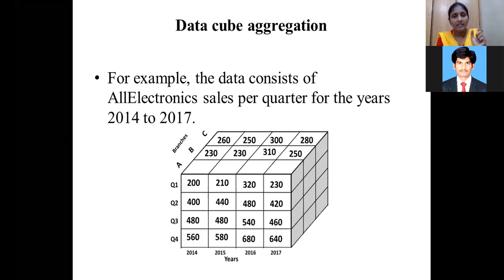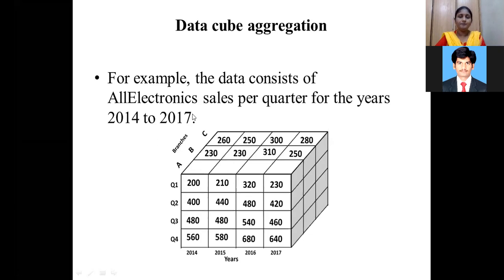Each and every attribute is one dimension, so we can analyze the data very easily. Here we are taking the sales data of a particular company from the years 2014 to 2017. In total, we are analyzing 4 years of data.